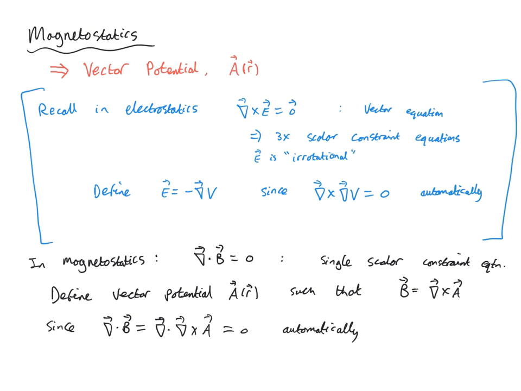And in that case, it's no longer sensible to talk about an electric potential and a magnetic vector potential. We can't separate them out in that way. So better, and from now on, I will call V the scalar potential and A the vector potential, and I won't refer to them as electric or magnetic.